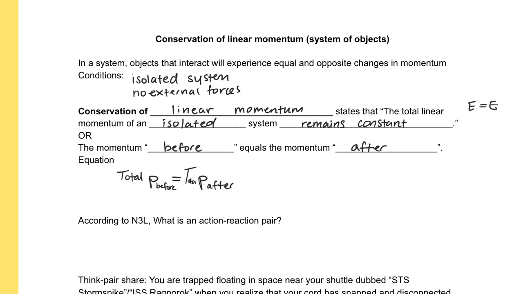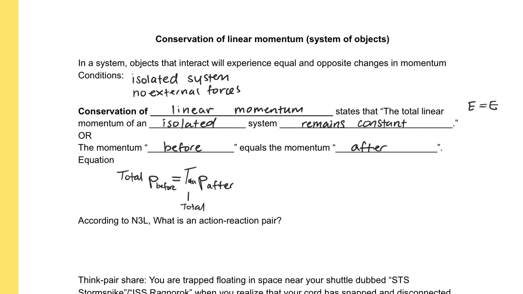What is something that we use in energy? Conserved. It's very similar to continuous and constant, but conserved, that's the key word. Total momentum before equals total momentum after. This is total. My bad.